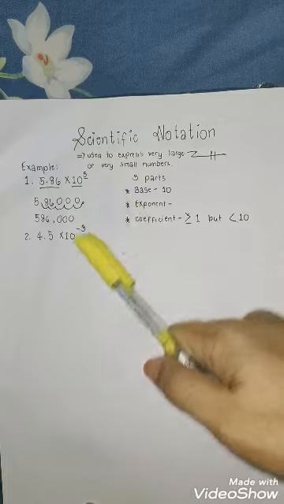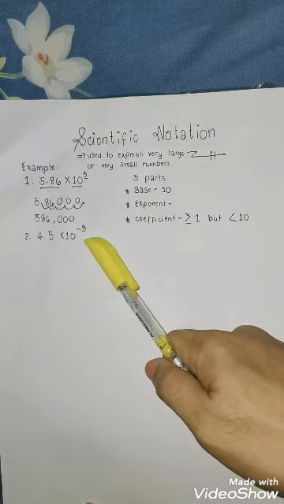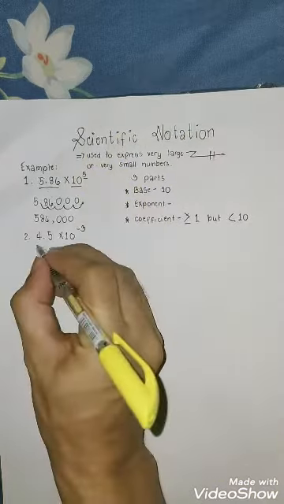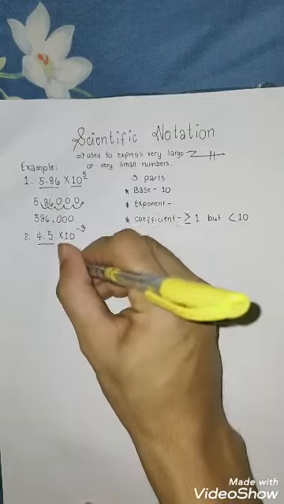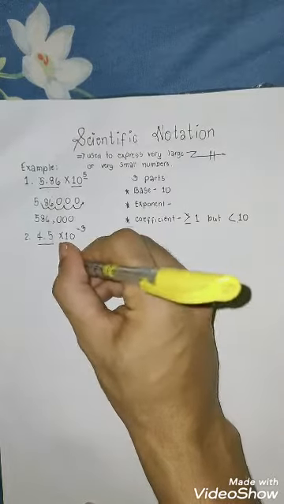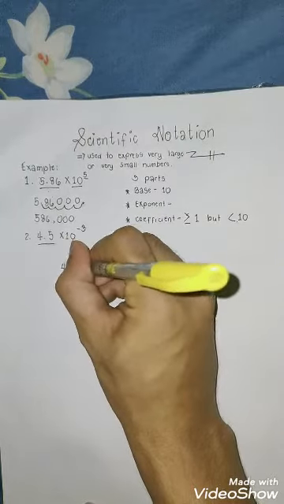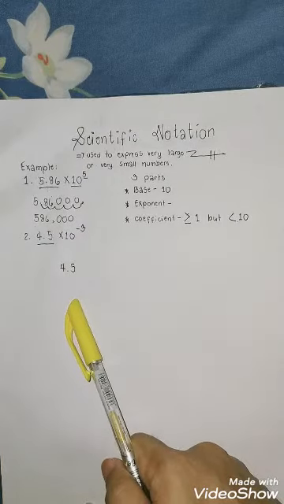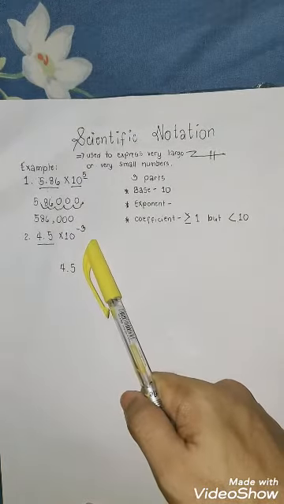So ano ba ang gagawin natin kapag ganito ang given? Kagaya ng ginawa natin sa number 1, kopyahin lang ulit si coefficient which is 4.5. Since as you see from example number 2, our exponent is negative 3.